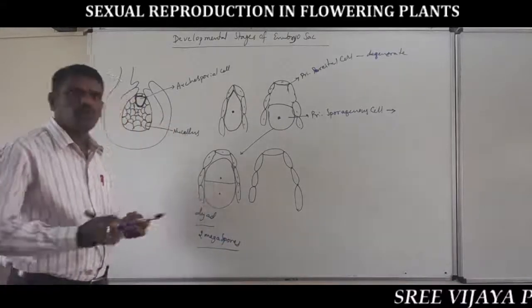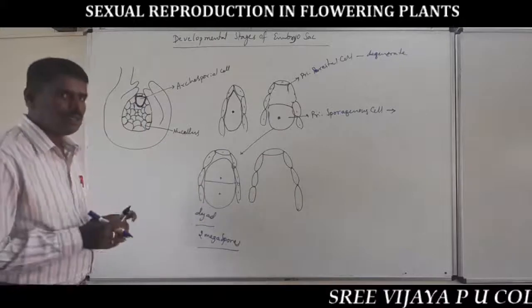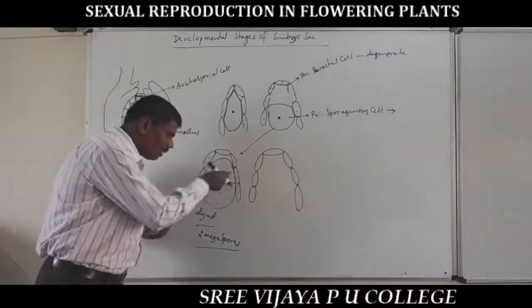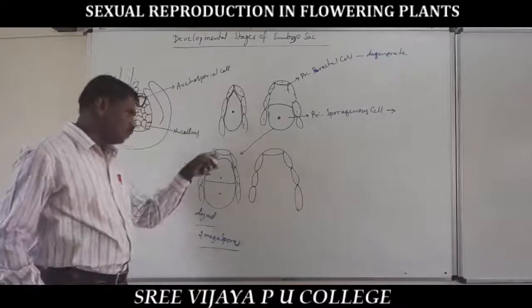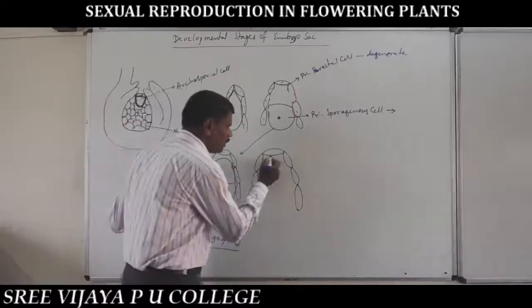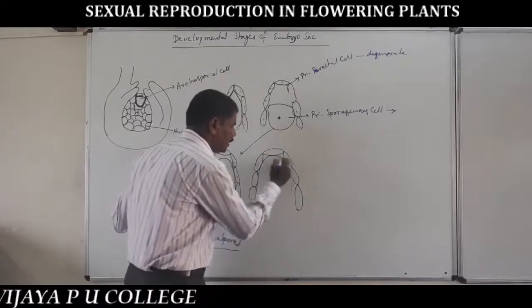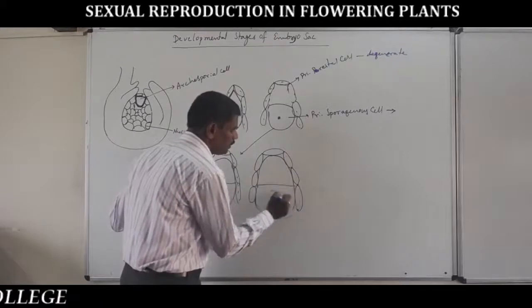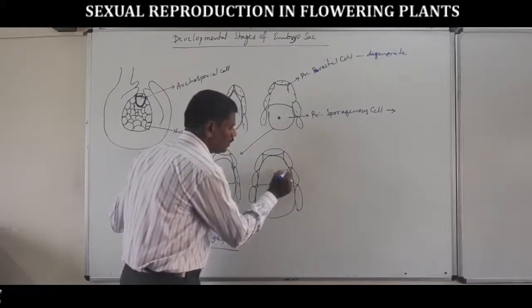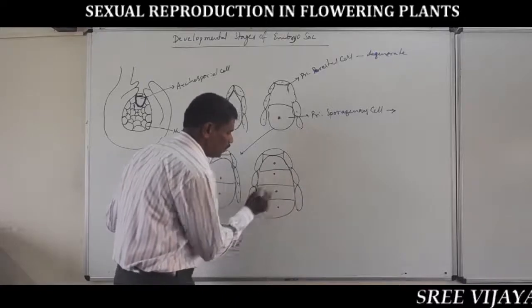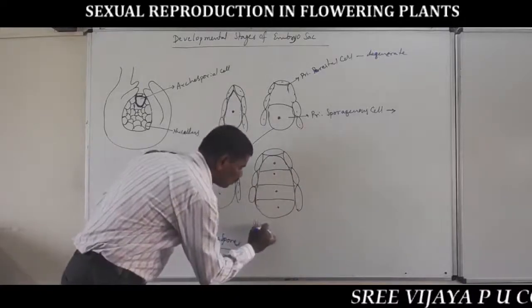These two megaspores divide once again, either horizontally or vertically. If they divide vertically, there are 4 megaspores.